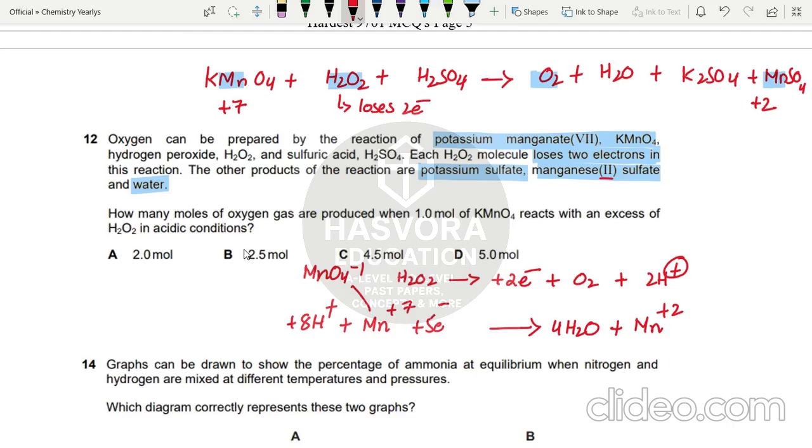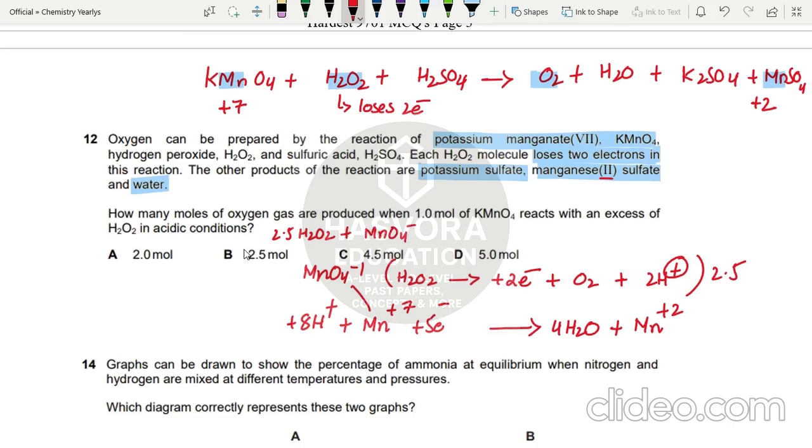So now what we will be doing is that we have balanced the number of charges. Now we are going to be balancing the number of electrons. So we are going to be multiplying this by 2.5 here. Okay, so what will this reaction become? It will become 2.5 H2O2 plus, then we have the MnO4, or you can also write KMnO4.